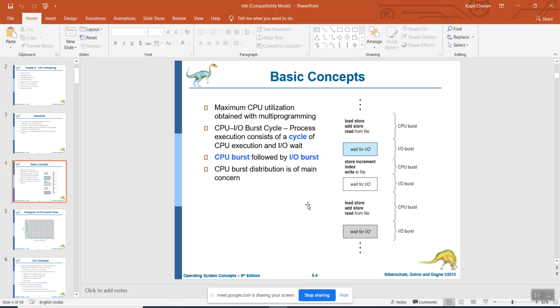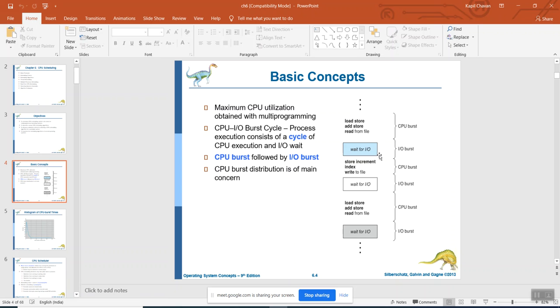Every process consists of a CPU burst and an IO burst. So what is the meaning of the CPU burst and the IO burst? Every process requires the CPU for execution and the input output devices for execution. One burst cycle works like this: first the system gives the CPU to that process, and after that it gives IO time to that process.